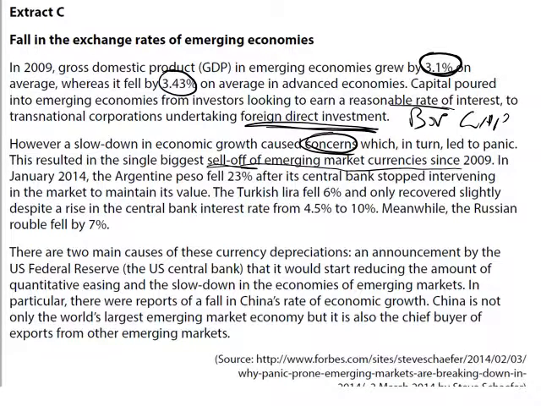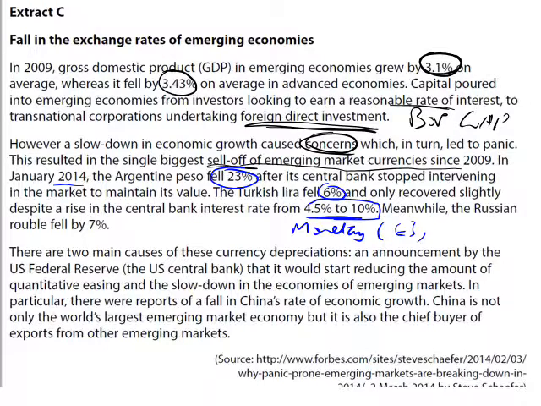So we have a specific amount there, which is given in the question, after its central bank stopped intervening to maintain its value. The Turkish lira fell 6%, but that is just in that period that it's talking about, and only recovered slightly despite the rise in the central bank interest rate from 4.5% to 10%. So there's an example of a monetary policy intervention, which again could be used to evaluate a question around exchange rates.